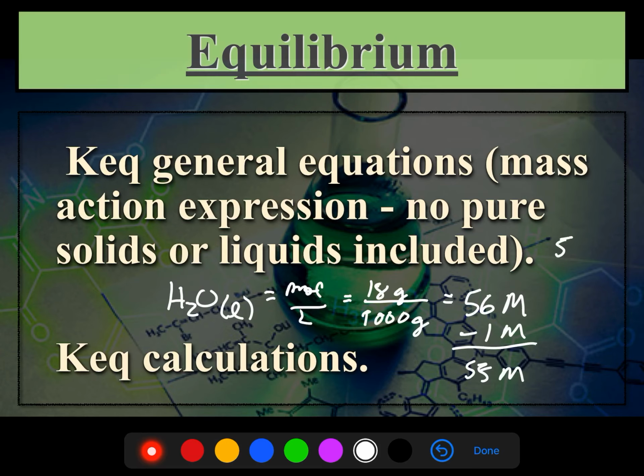So our product water would have a value of 55, our reactant water would have a value of 56 molar, and that comes out to be 0.98, which is extremely close to 1. So they essentially cancel each other out and have no effect on the position of the equilibria. So pure solids and pure liquids are never included when we do a KEQ expression. You just ignore them.